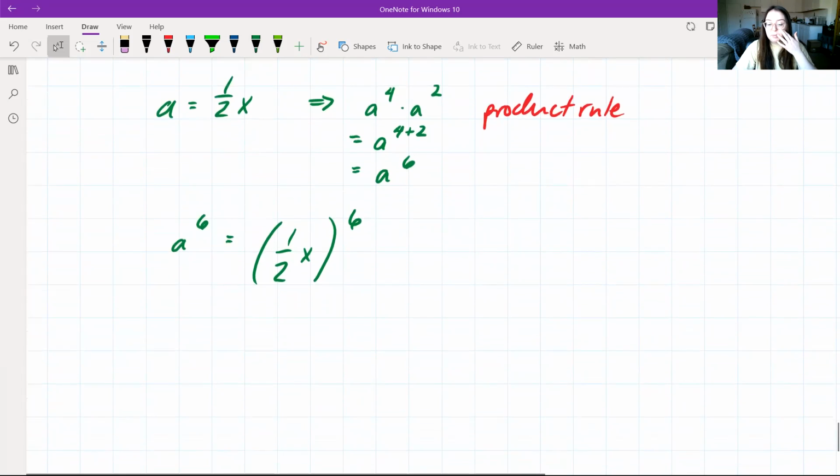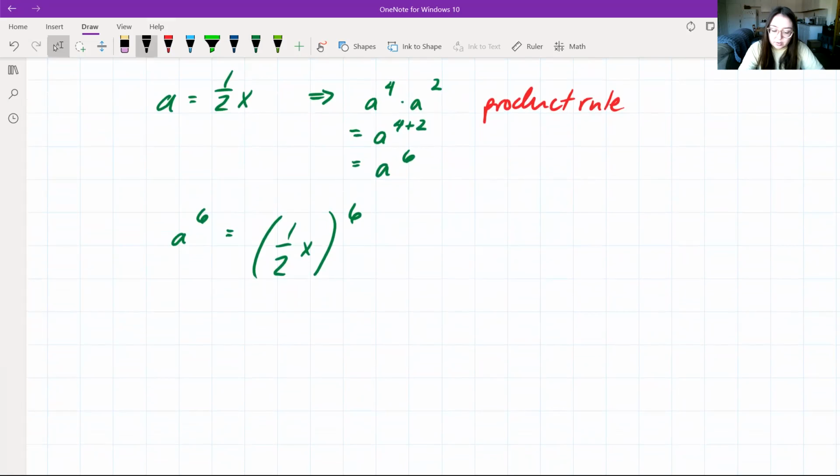And we want to continue simplifying. So now we can state that maybe a is 1/2 and b is x. So now we're saying a times b to the power of 6.